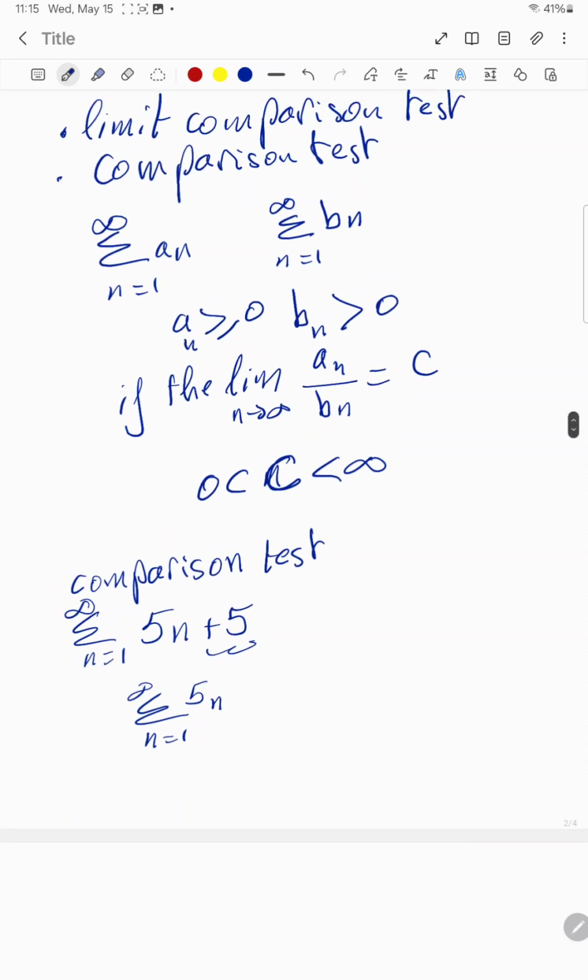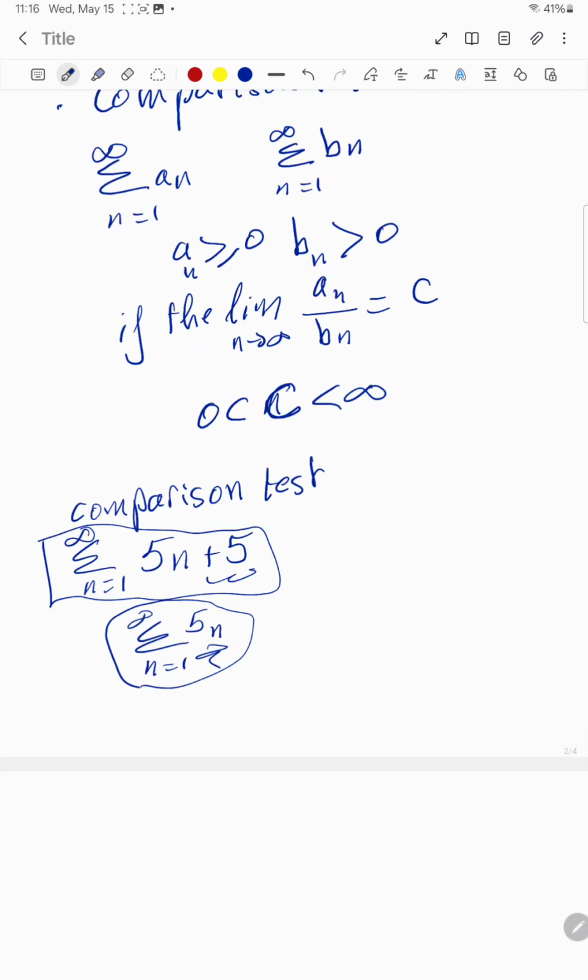If 5n converges, then 5n plus 5 converges, and if the sum of 5n diverges, that series diverges. It's easier to compare it here, and I have an example that I put in my previous video, and I will reference it in the description of that video.